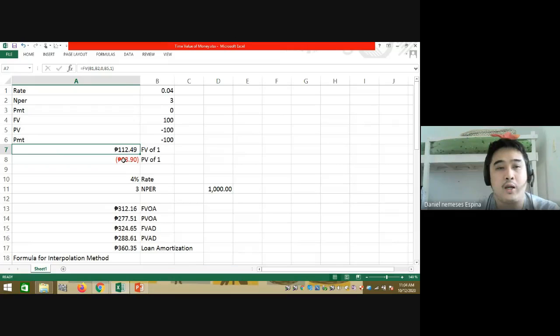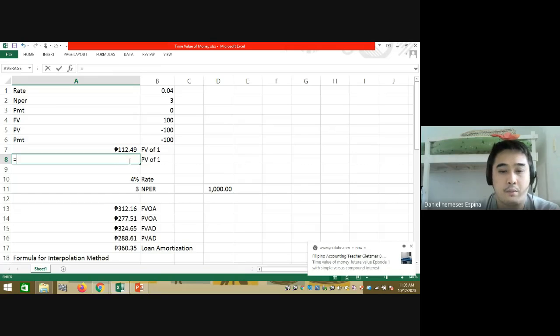How about if you are asked to get the present value? Let's assume the 100 here is already the future value. So what is its equivalent today? If in 3 years the value is 100, what is its value today? So equals PV for present value.